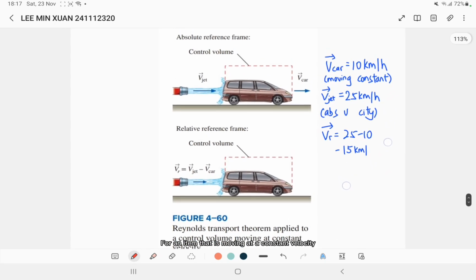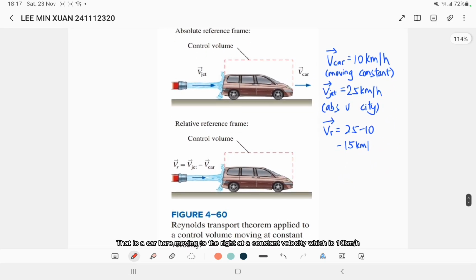constant velocity. There is a car here moving to the right at a constant velocity, which is 10 km per hour. And also a high speed water jet strikes the back of the car with a velocity of 25 km per hour. If we draw a control volume around the car, the relative velocity is VR equal to 25 minus 10, which means we will get 15 km per hour.